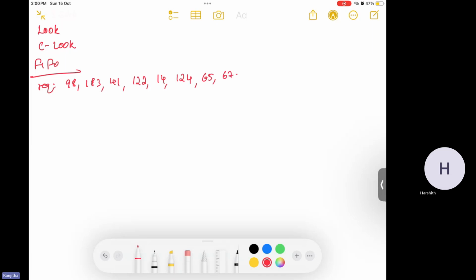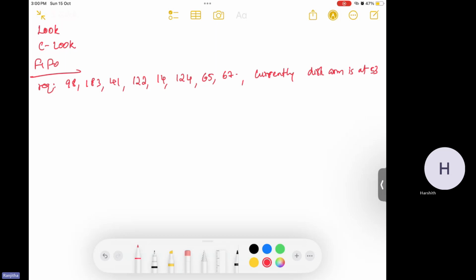It is given that currently the disk arm is at cylinder 53.